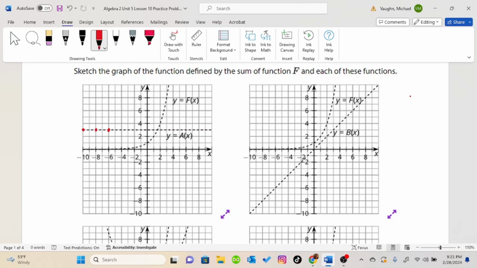At negative 4, we are just starting to rise above 0, and adding that to 3, we would be just slightly above 3. At negative 2, we're just a little bit higher above 0, and we're still at 3, so we can go up just a little bit more.